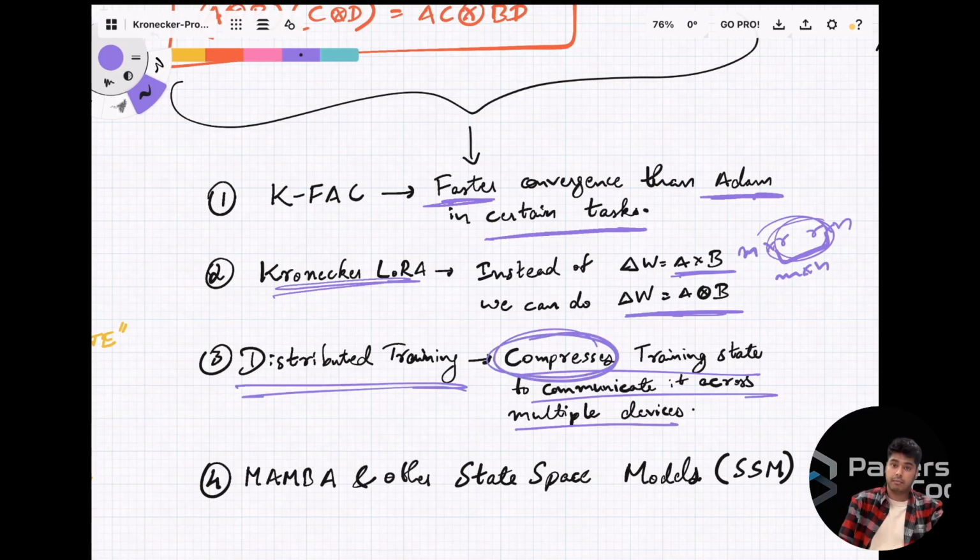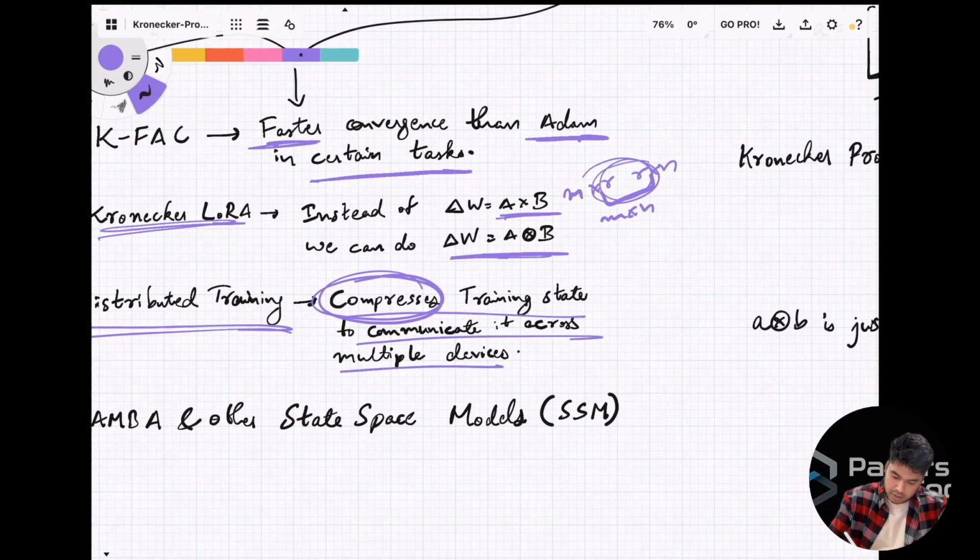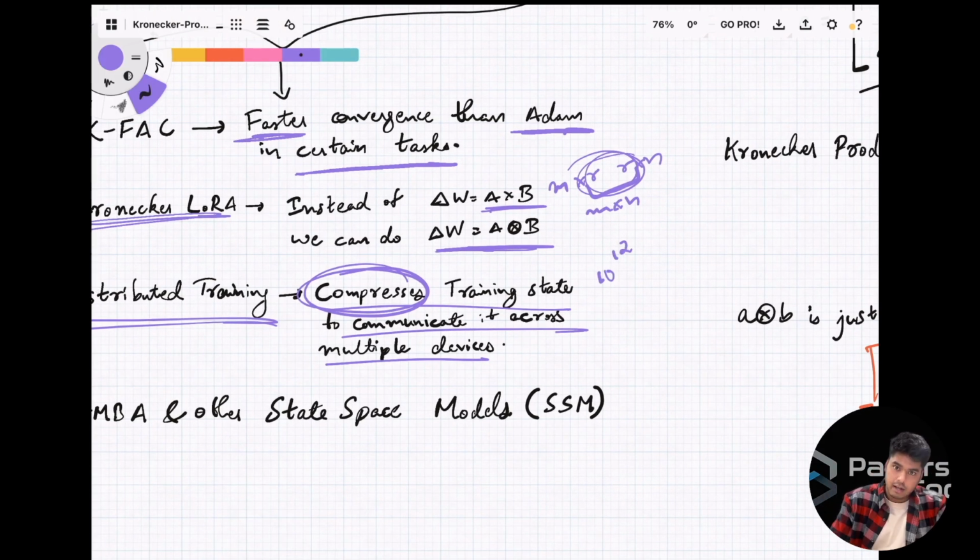Kronecker products really help do that because instead of storing, let's say, a matrix of 1 trillion, you store two small matrices of 10 power 6. So 1 trillion is 10 power 12, right? So instead of storing 10 power 12, you can save smaller matrices of 10 power 6 and just Kronecker product them and get the thing back, right? So you save some memory there.